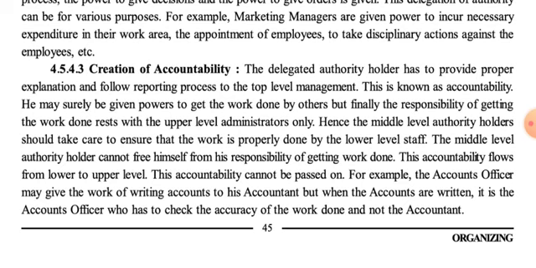This accountability cannot be passed on. For example, the accounts officer may give the work of writing accounts to his accountant, but when the accounts are written, it is the accounts officer who has to check the accuracy of the work done and not the accountant.